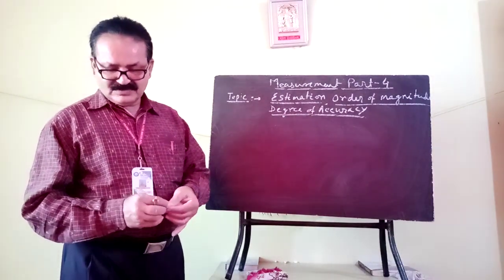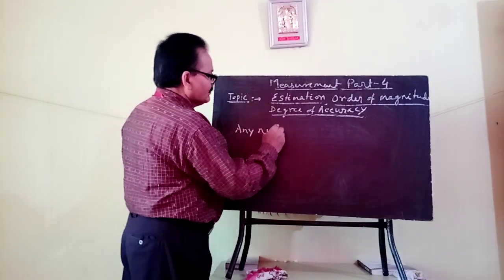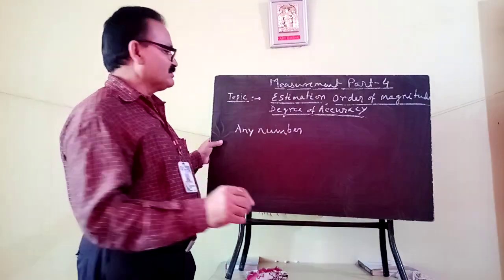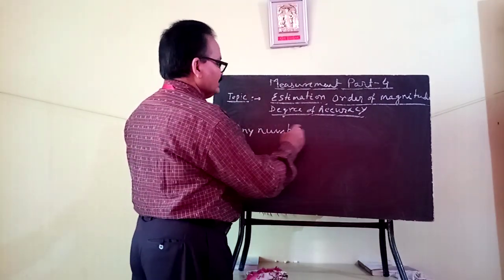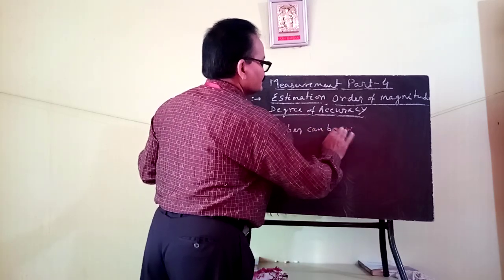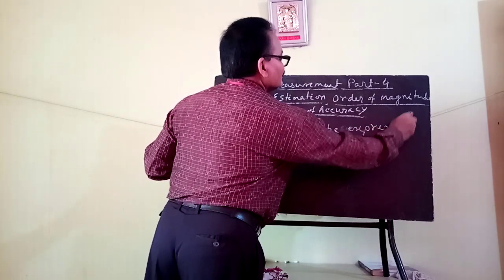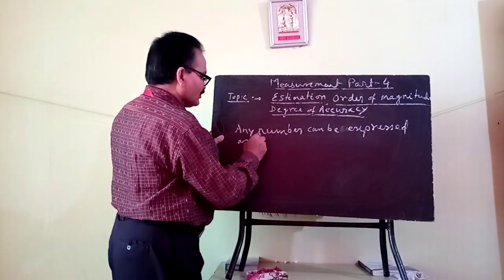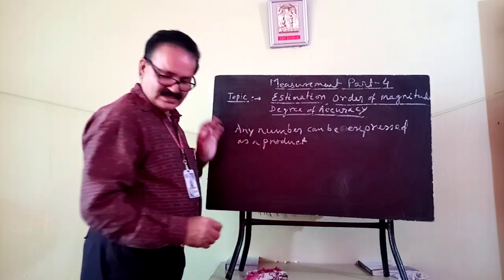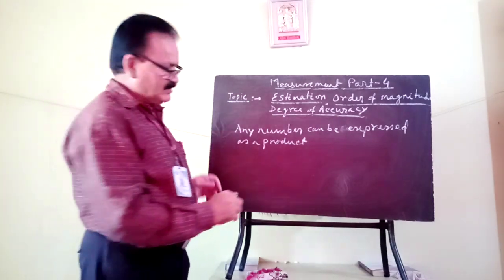We have to know any number can be expressed. Any number means the data you have obtained after your experimentation.